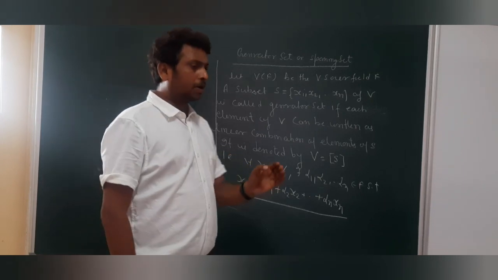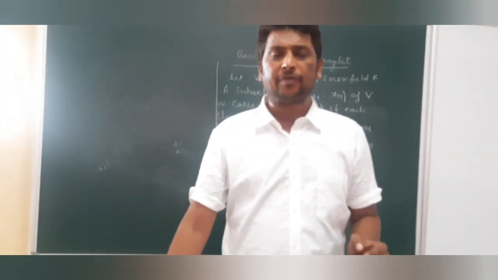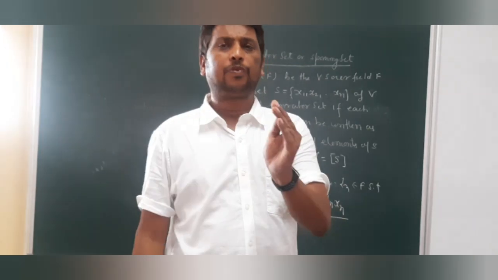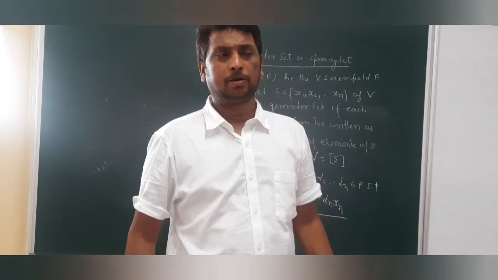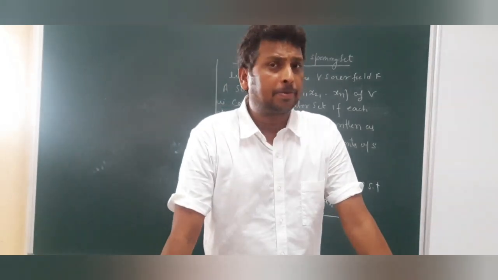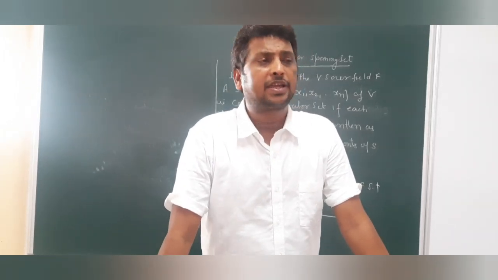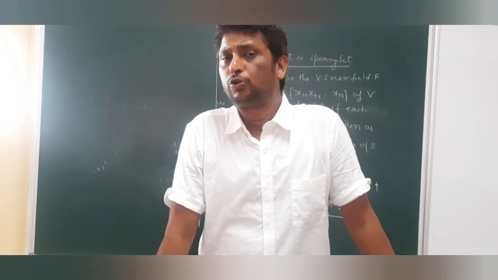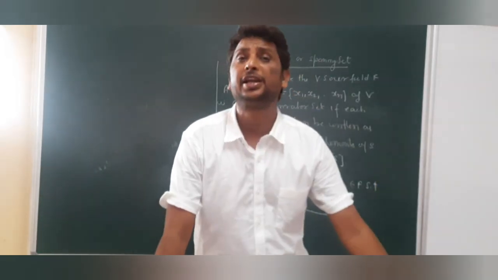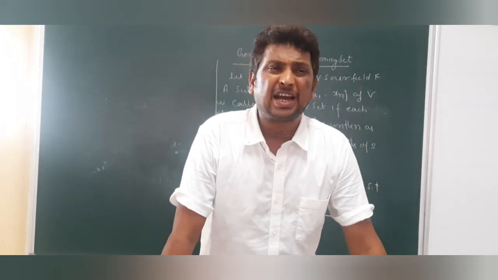So same type. Write its linear combination, alpha 1 x1, alpha 2 x2, ..., alpha n xn. On the right hand side, in place of 0, as we did in linearly dependent and independent, write the vector element.